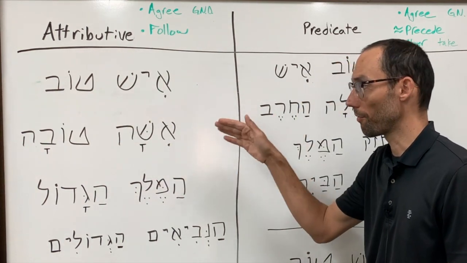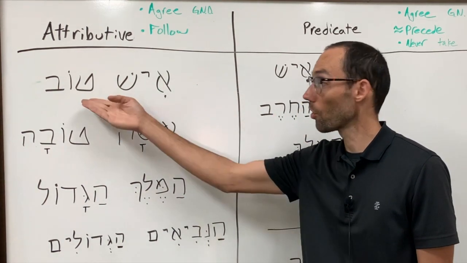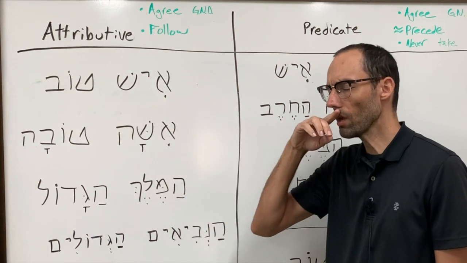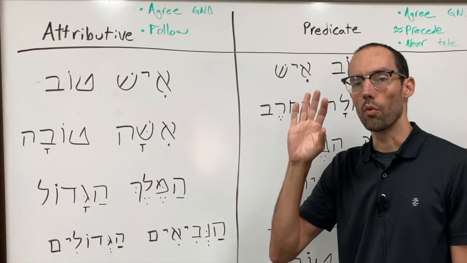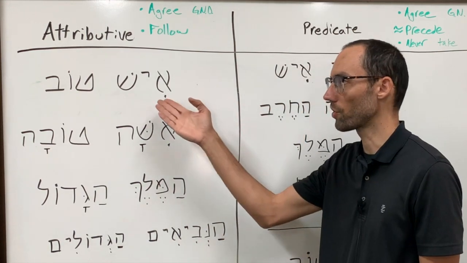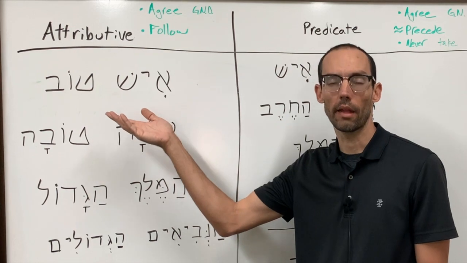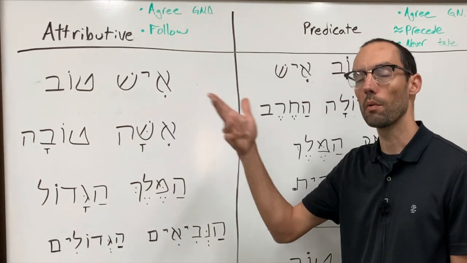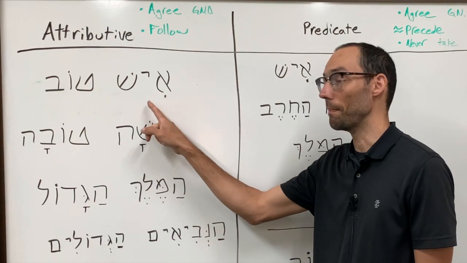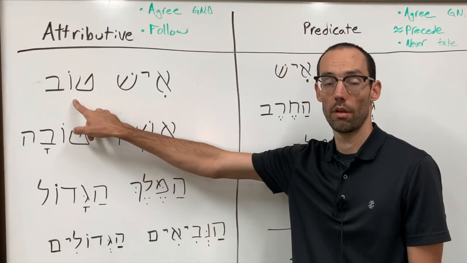So in the attributive position, the tov is describing the ish. So when we translate in this class, of course you'd say, a good man in English. But when we translate in this class, we're going to say a man, a good one.